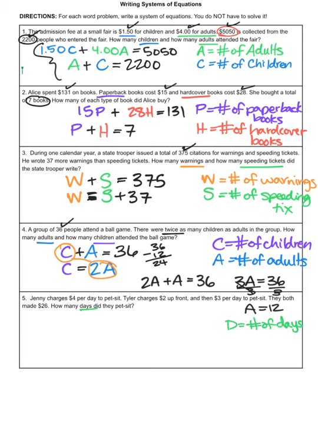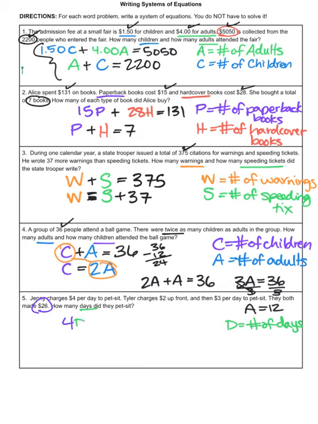That means I must have enough information in here to write two equations that use multiple numbers each. So let's see. All right, Jenny charges $4 per day to pet sit. Tyler charges $2 up front and then $3 per day to pet sit. They both made $26. So this $26 is the one time it's going to be used twice. It'll be used in both equations. So for Jenny, it would be $4 per day.